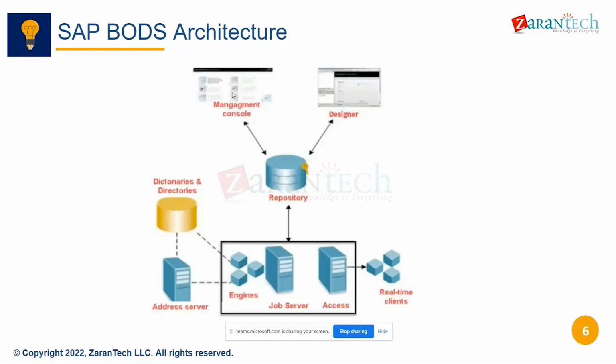Also, whenever you want to extract data from SAP ECC systems, we can easily connect from the designer to the SAP ECC system by using the server, username and password details. Once connected, we can directly extract the data.